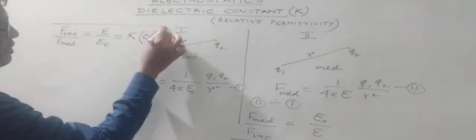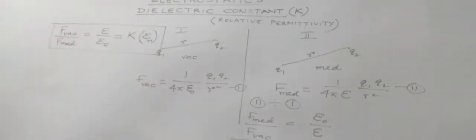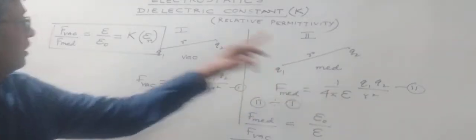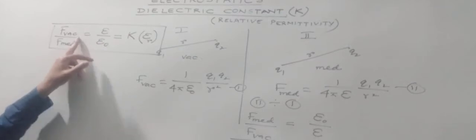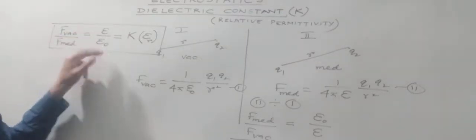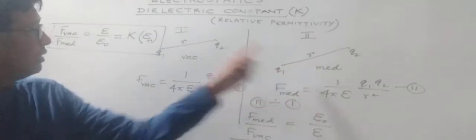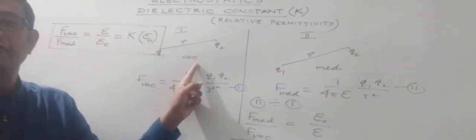So this is again a very, very important concept. Dielectric constant of a medium is defined as the ratio of the absolute permittivity of the medium to the absolute permittivity of free space.